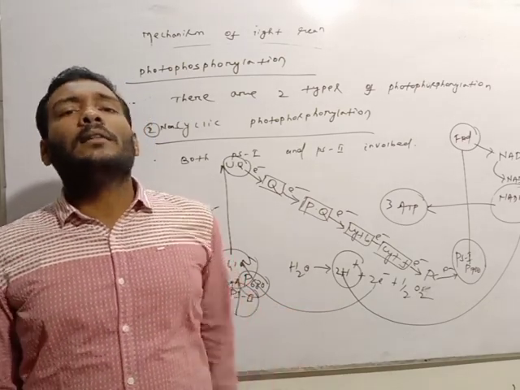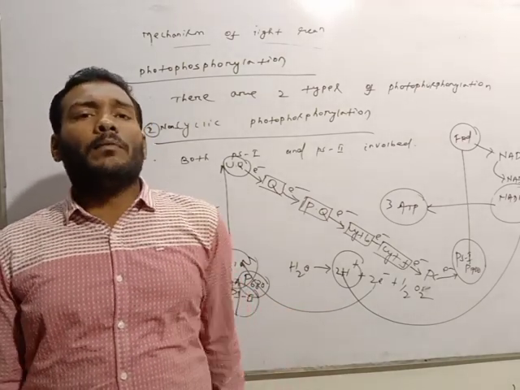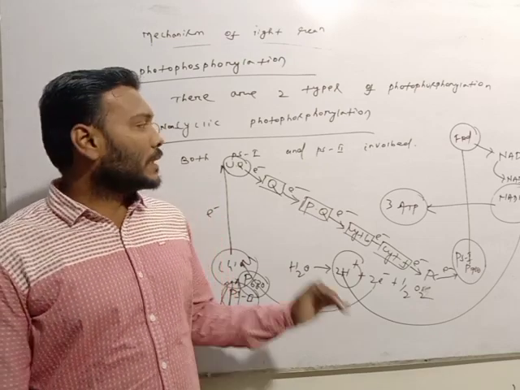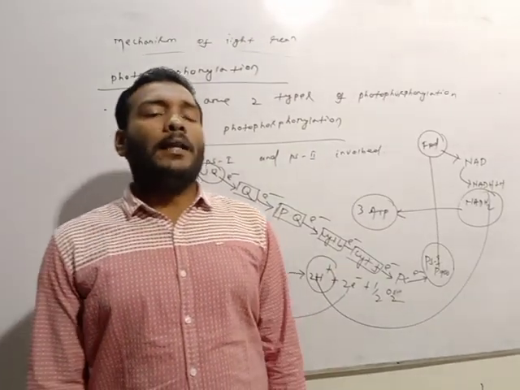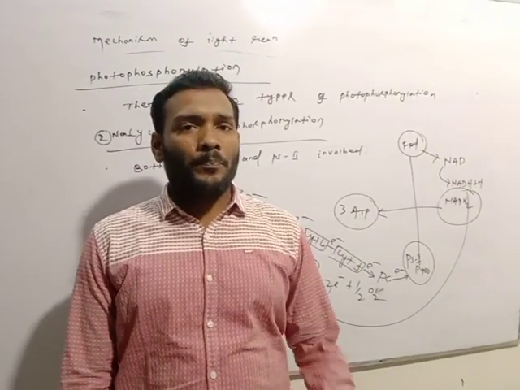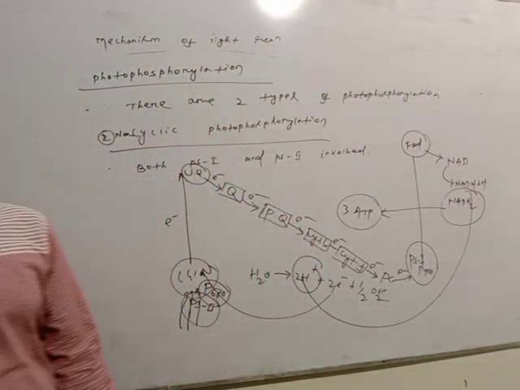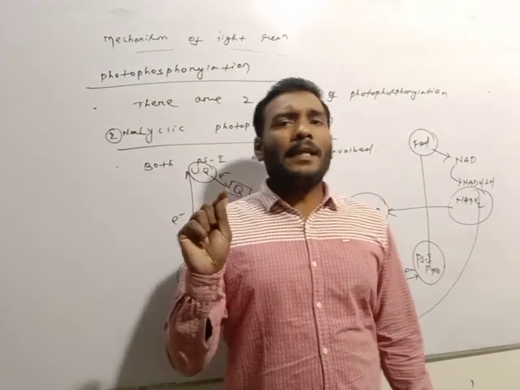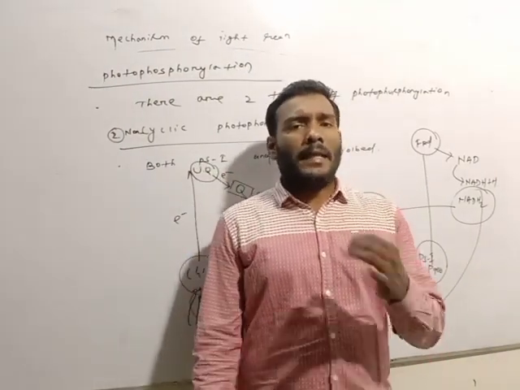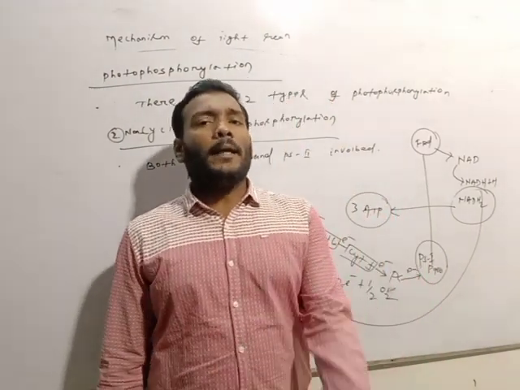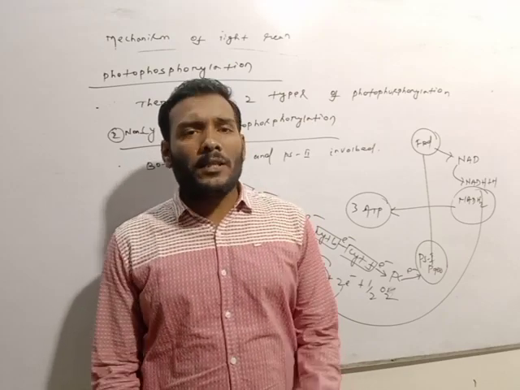This is the mechanism of photosynthesis, the long question, mechanism of light reaction. Clear? Again I will repeat these things. First step is excitation of chlorophyll. Second step is splitting of water molecule or Hill's reaction.